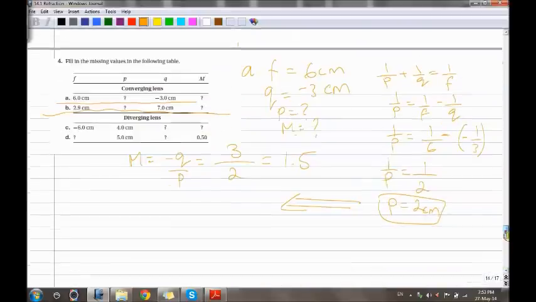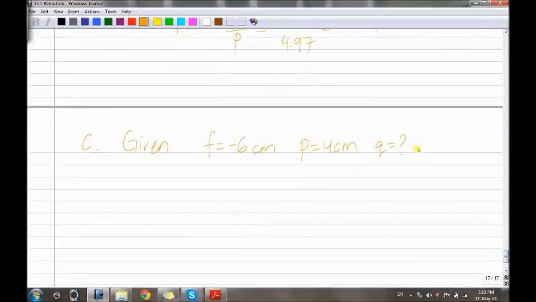So here we have to find the Q and the M. So we use 1 over P plus 1 over Q equals 1 over F. So we have to find 1 over Q. So 1 over Q equals 1 over F minus 1 over P. So 1 over -6, minus 1 over P, which is 1 over 4. So the answer would be -5 over 12. So the Q would be flipped, so it would be -12 over 5.